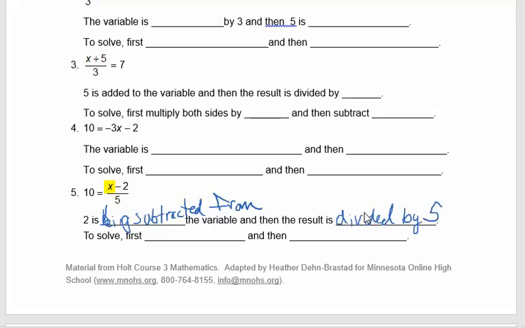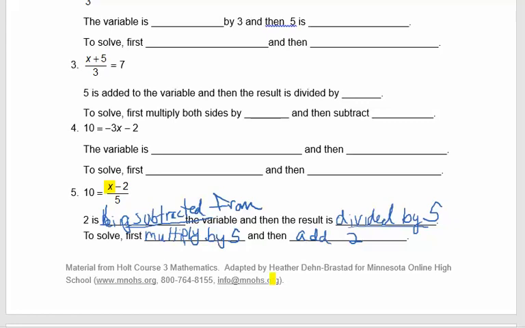So to solve, we first start with the divided by 5 part. The first thing we'll do is the opposite of dividing by 5, which is multiply by 5. And then we'll do the opposite of the first line, which is to add 2.